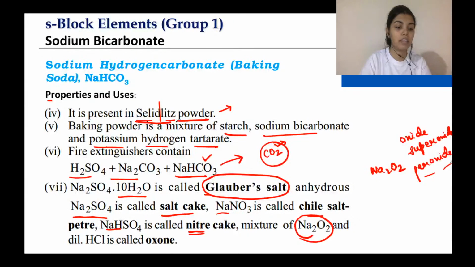We have already done this in the previous sessions. What is Na2O2?